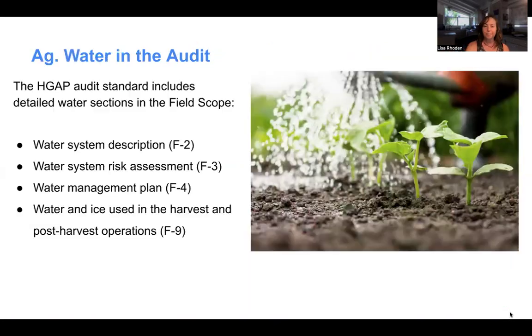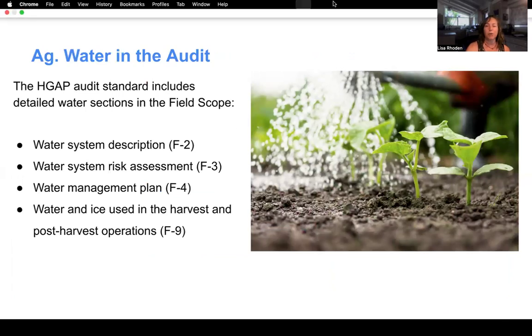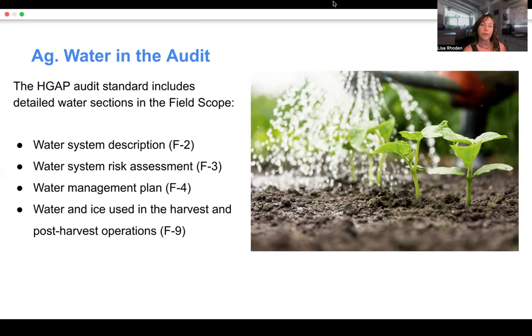The reason that this kind of stuff is important is we really want to pay attention to the requirements around both of these types of water. So ag water, when we talk about it with respect to what's in the harmonized GAP standard, there are a couple different sections that we want to pay attention to and that require some information about the water that you're using in your operation.